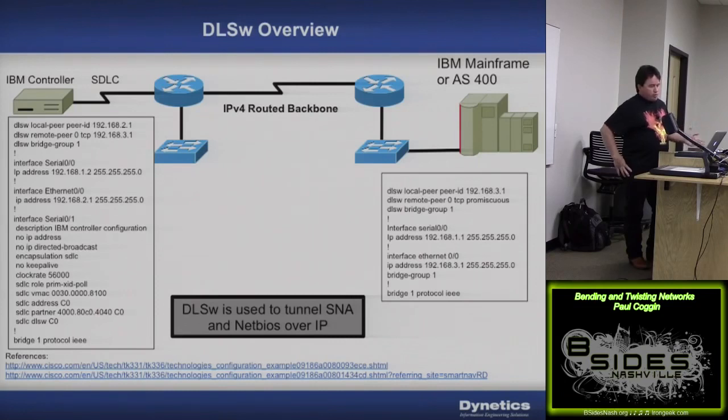What we had to do was backhaul SNA SDLC protocol over IP back to an AS400. And I discovered this protocol called DLSW that allows you to tunnel. According to the RFCs, it is designed to tunnel NetBIOS and SNA.